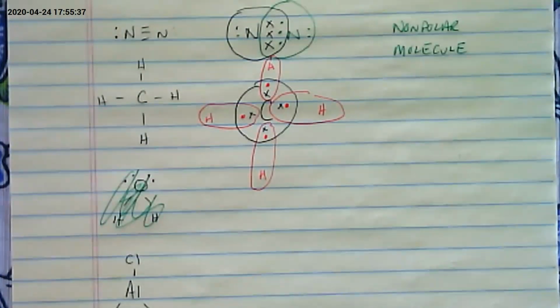Now, if you look at that drawing, you'll notice that the electron for hydrogen is not in the middle anymore, not like it is with nitrogen. If you look at the drawing, the electron is much closer to the carbon than it is to the hydrogen. And the reason for that is that carbon has a higher electronegativity. You can tell that by looking at the periodic table.